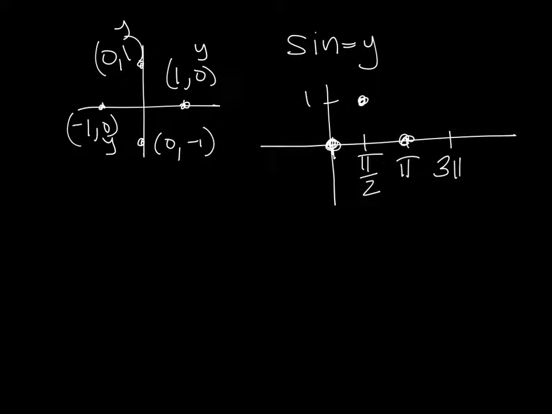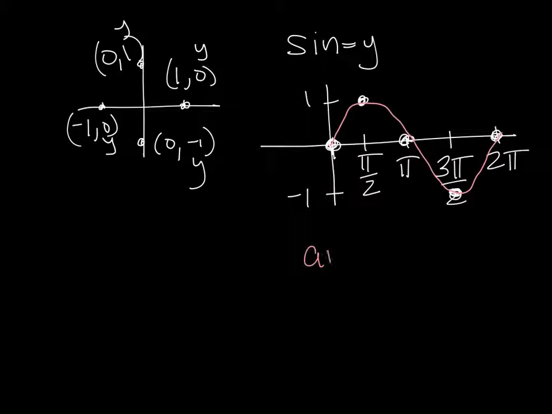At 3 pi over 2, the y is negative 1. And at 2 pi, completing the circle, it's back to 0. Therefore, the shape of the sine graph is this every single time.